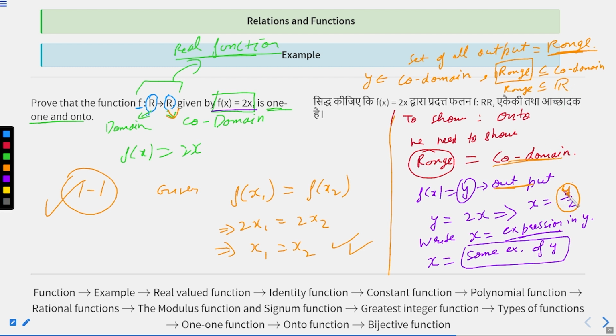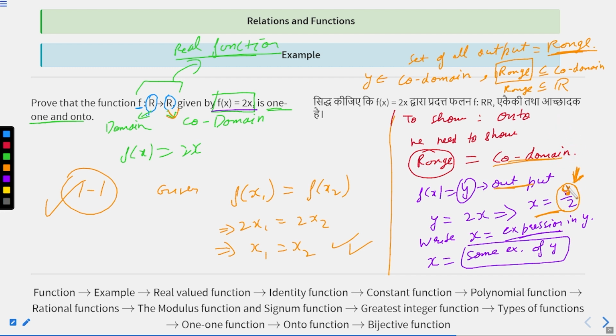Can you think of any real number which cannot be applied over here? No. Any real number you can pick, you always satisfy this. Yes. So from this I can say that all real numbers I can apply over here.